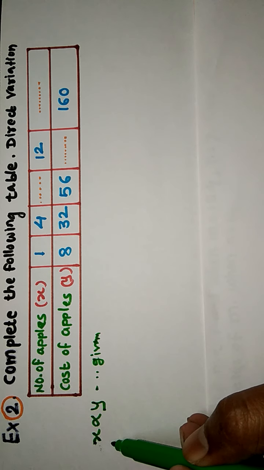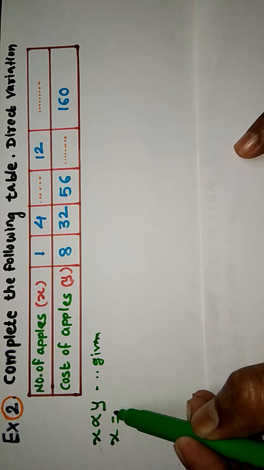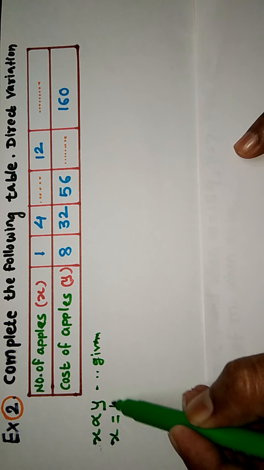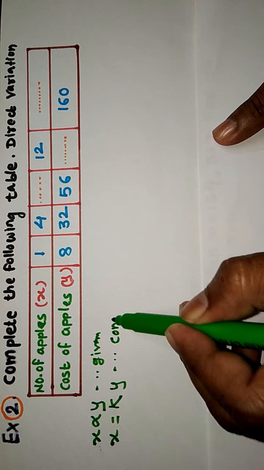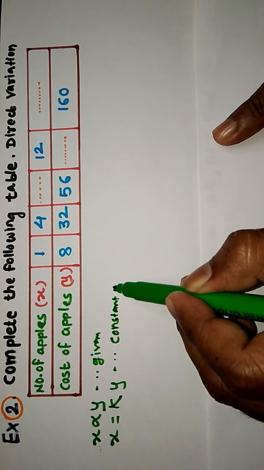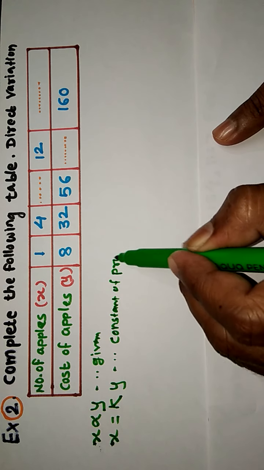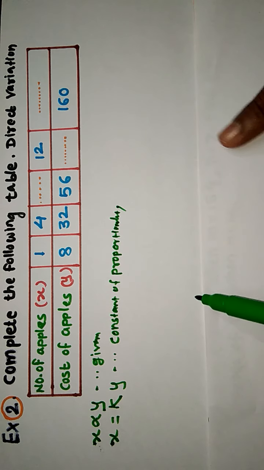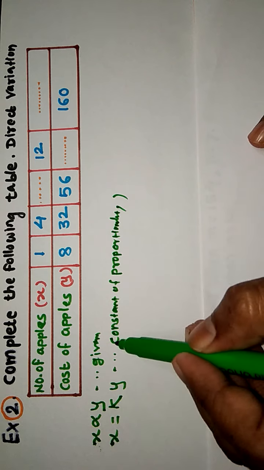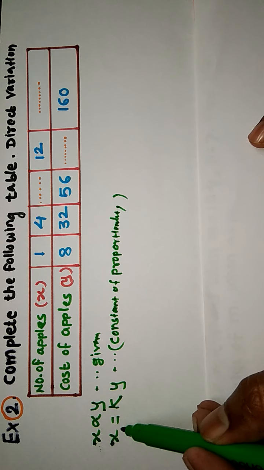How can we remove it? We take equality. To remove this sign, we take a constant, which is called the constant of proportionality, or constant of variation.